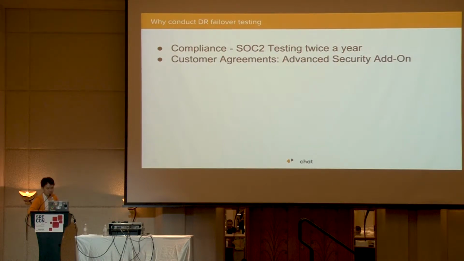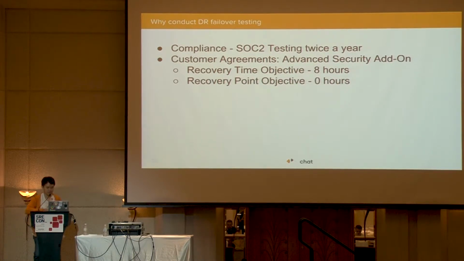And we have some enterprise licenses where we promise the customer that if they purchase this particular security add-on, they have a certain guarantee about recovery time objective, 8 hours, and a recovery point objective. These are some jargons, but recovery time objective means that from the time the data center is down until the system is up again from another data center, it takes up to 8 hours.